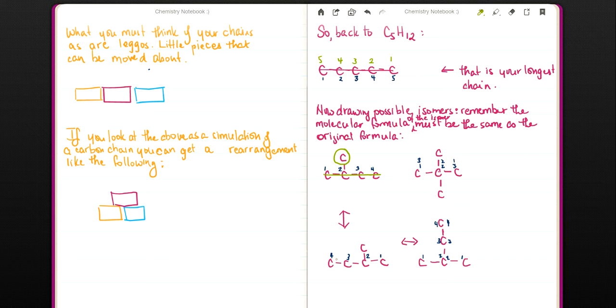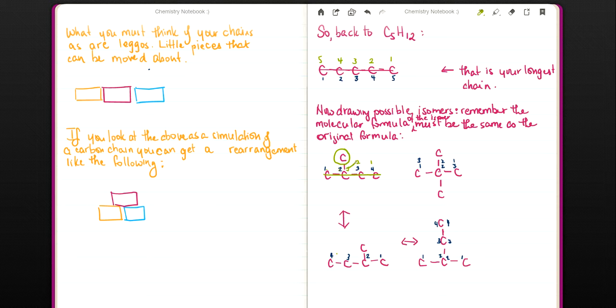Now drawing this and drawing this are the same thing, because whenever you have groups attached to your carbon chain, you give it the lowest possible number you can give it. So if you start from 1, this would be 2 right here, 3 and 4, and that would be the lowest possible number. If you started from here and said 1, 2, 3, this would be incorrect because this 3 is a higher number than 2.